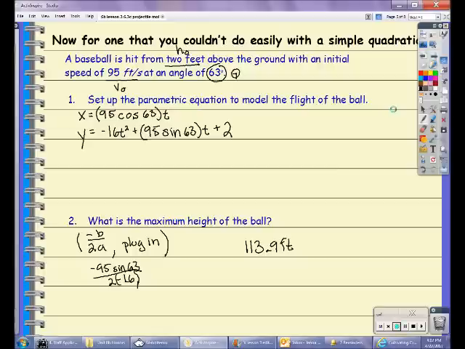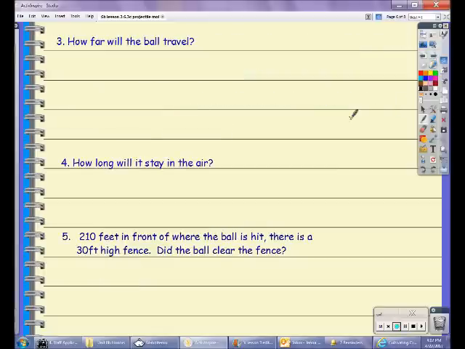Next, we've got how far will the ball travel, how long will it stay in the air. For both of these, we are focused on the end of the traveling. How far will the ball travel? Well, we're asking what is x when y equals 0.